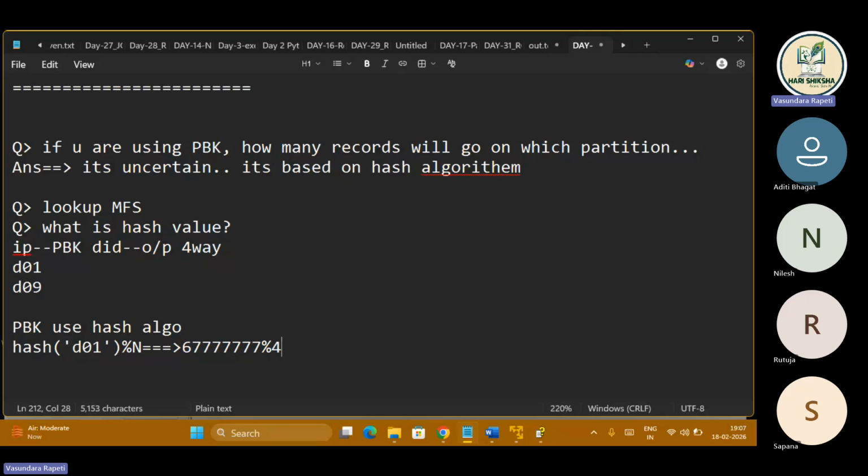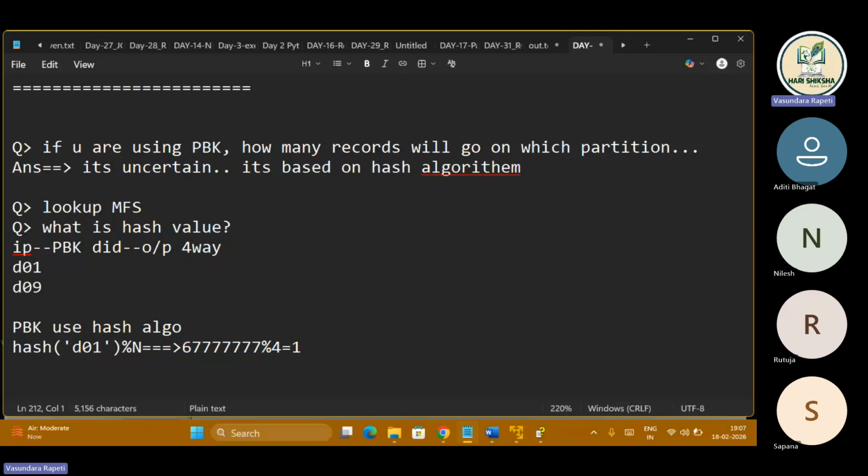What will it return? Any number you divide by 4, what will be the remainder? Either fully divisible, 0, or 1, 2, 3. Clear, right? That's why partitions are also like that, P0, P1, P2, P3. So here, if we see what the remainder is, if you divide this by 4, 1 will be the remainder. Mathematics tricks.